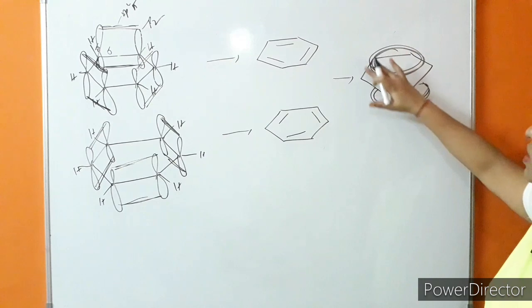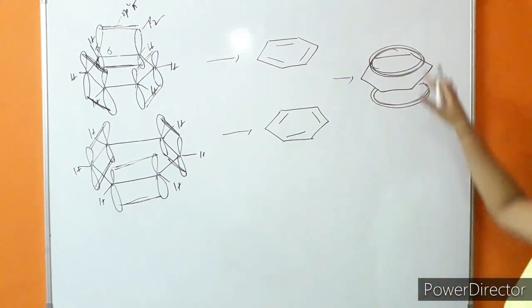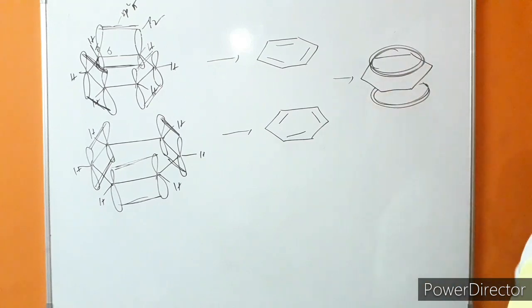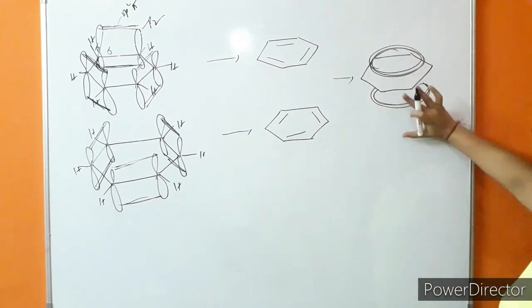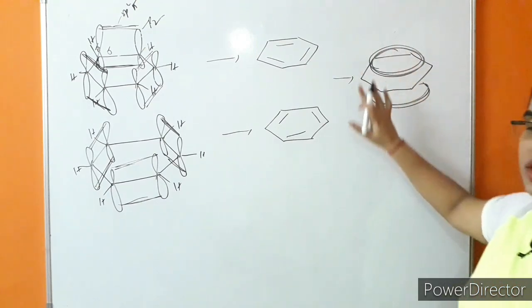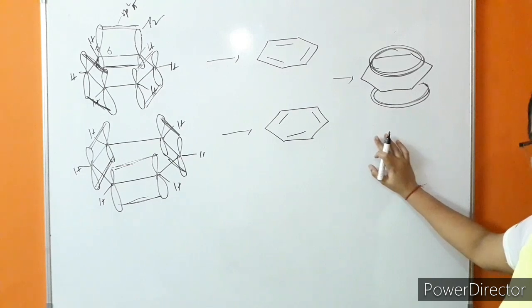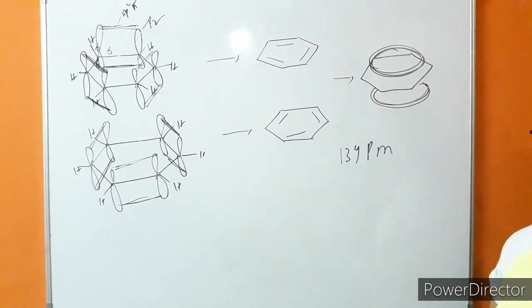Because of that, these pi electrons cover each and every carbon, that is, the 6 carbons are surrounded by these pi electrons equally from both sides, due to which the bond length of carbon in the benzene ring is 139 picometer.